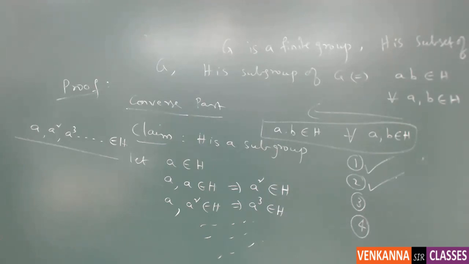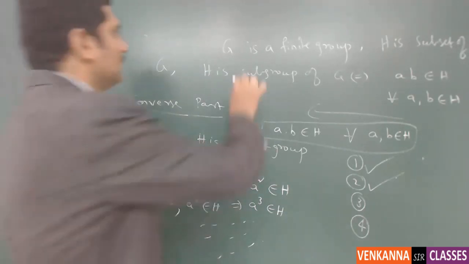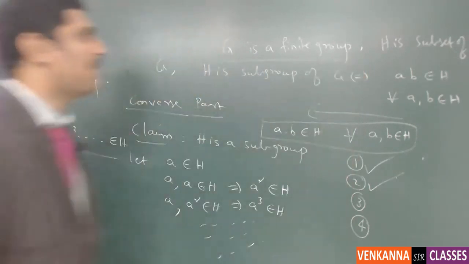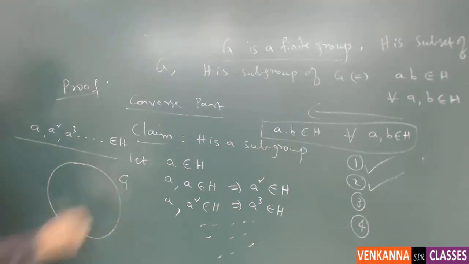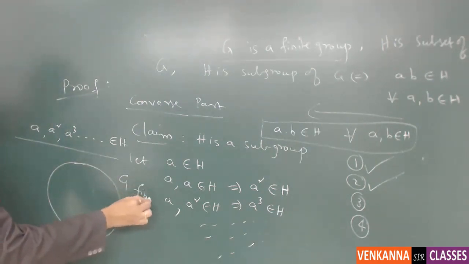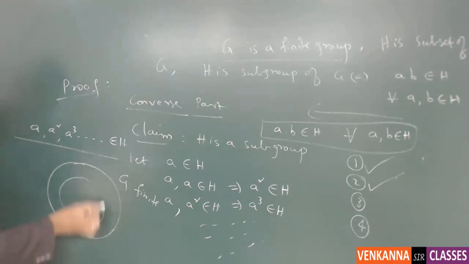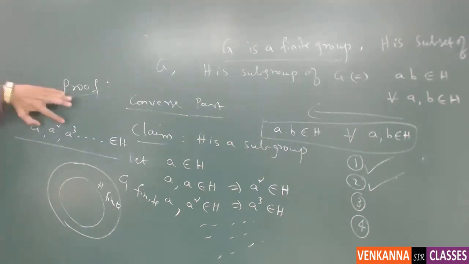So here we need to understand that I have taken a finite group. G is finite. So H is also finite. So you are keeping the powers rising, A square, A cube, so on.